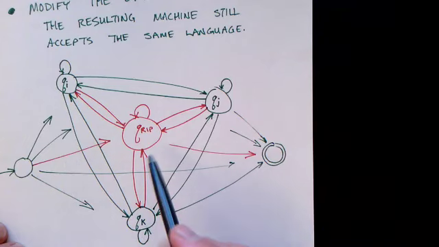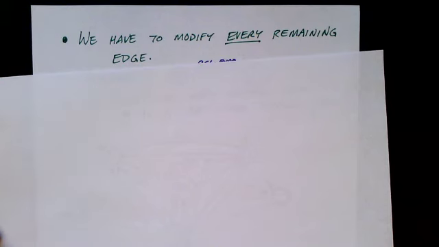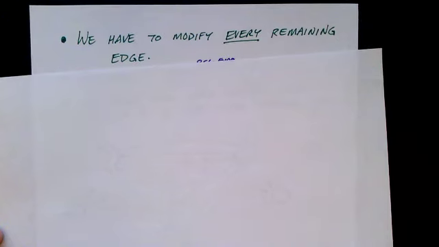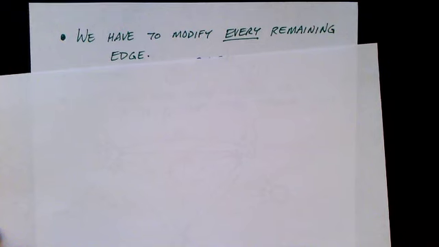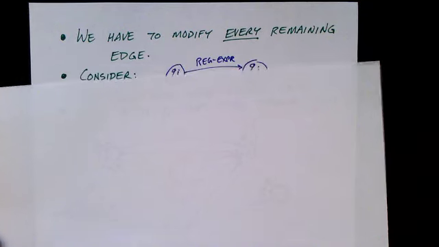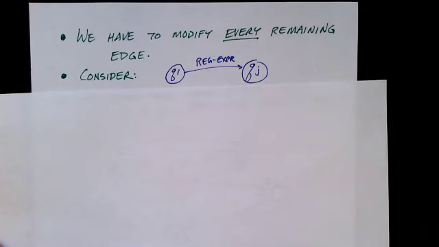That is, we'll modify all the edges that are in green. Now, when we pick a state to remove, we have to modify the machine so it accepts the same language. And it turns out we have to modify every remaining edge that's in the machine. We remove all the edges that were connected to the state that we're removing, but every other edge has to be modified. So it's a rather complex process.